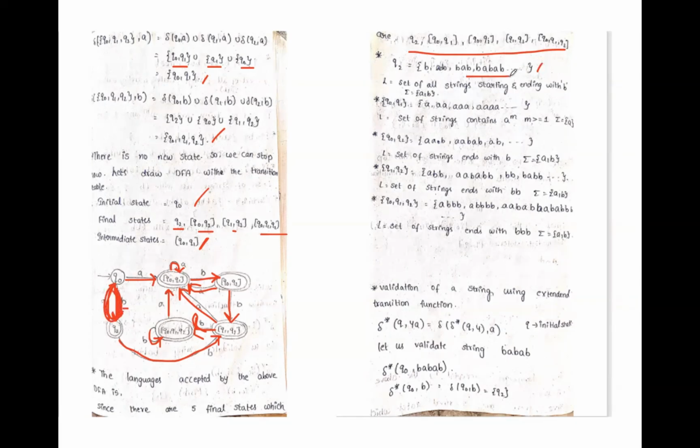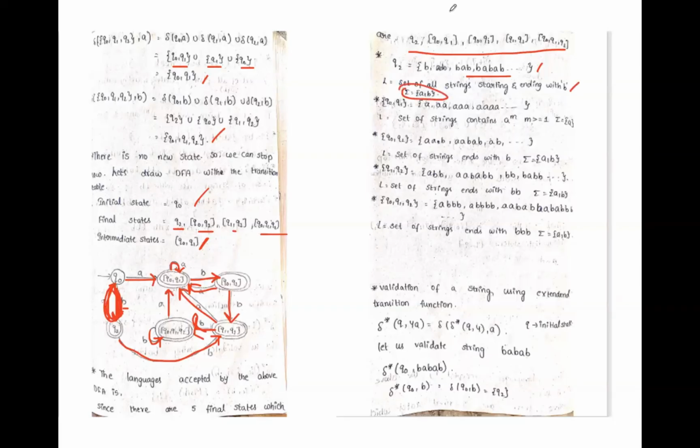So Q2 is a final state. From the initial state, all the strings which start with B as well as end with B are accepted by this Q2. So the language can be written as the set of all strings starting and ending with B over input symbols A, B.